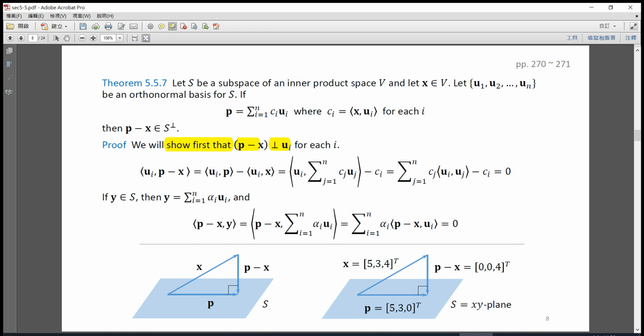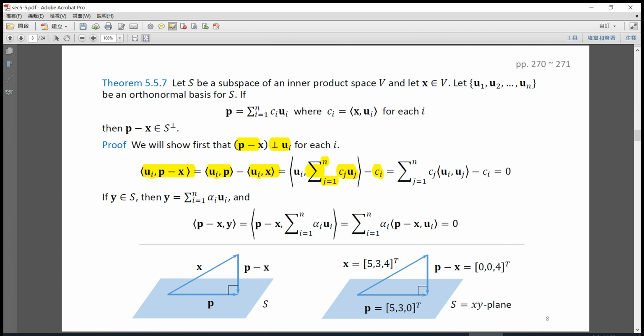Then we show P minus X is orthogonal to Y, where Y is any element in the subspace S. To show P minus X is orthogonal to Ui, we compute the inner product of Ui and P minus X, which equals the inner product of Ui and P minus the inner product of Ui and X. Then we substitute the definition of P into the inner product, and we also let the inner product of Ui and X equal Ci, because this is the definition of Ci.